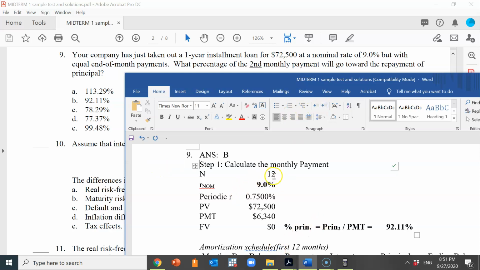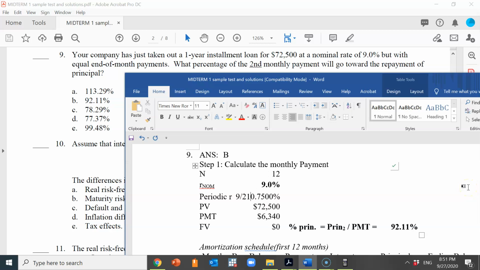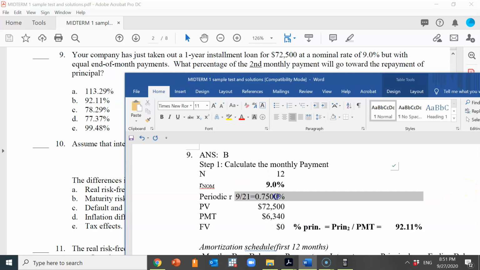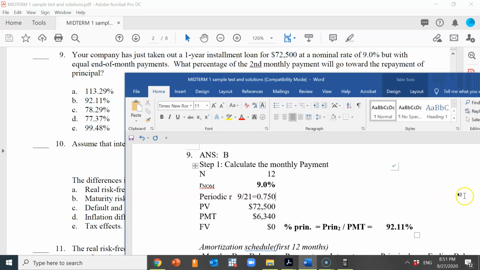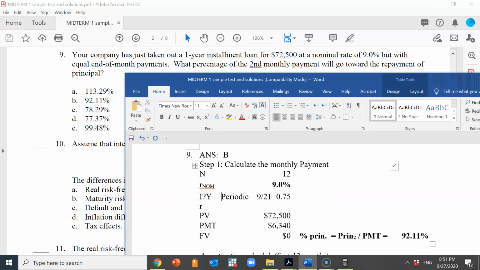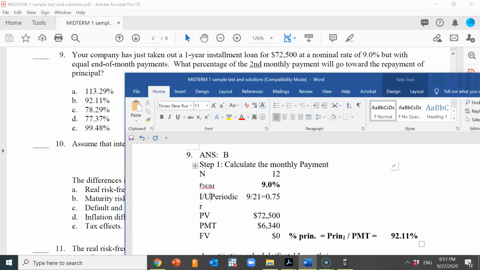N is 12. Because the nominal rate is 9%, the periodic rate is 9 divided by 12, so we have 0.75 as our periodic rate. So we input I/Y as our periodic rate.